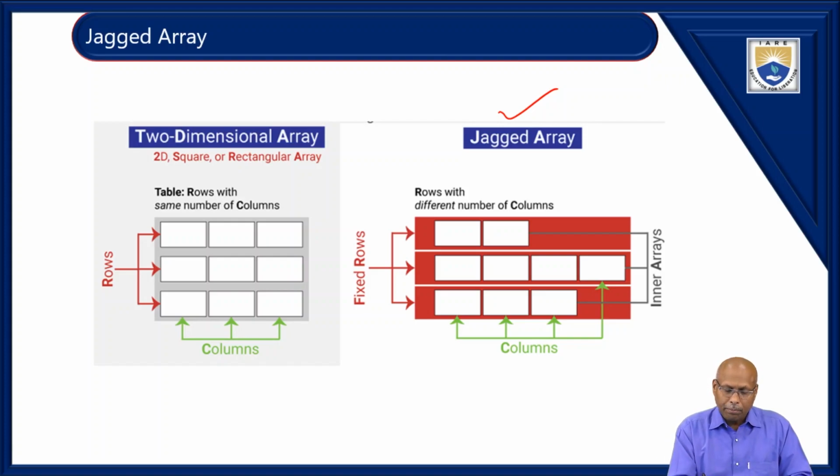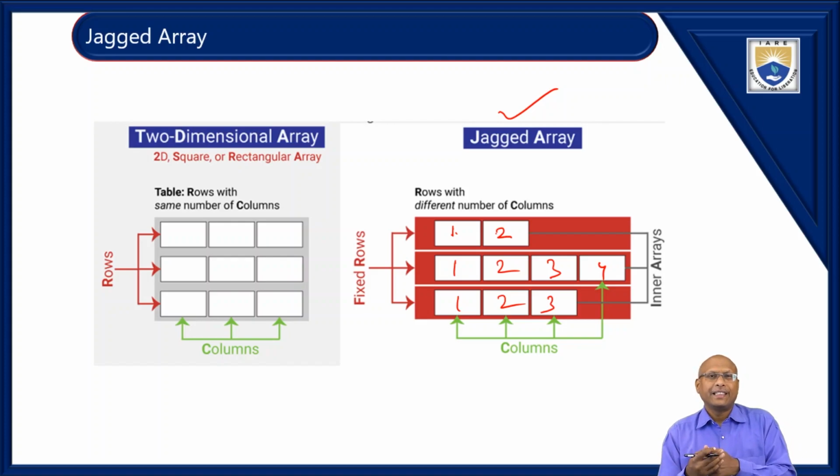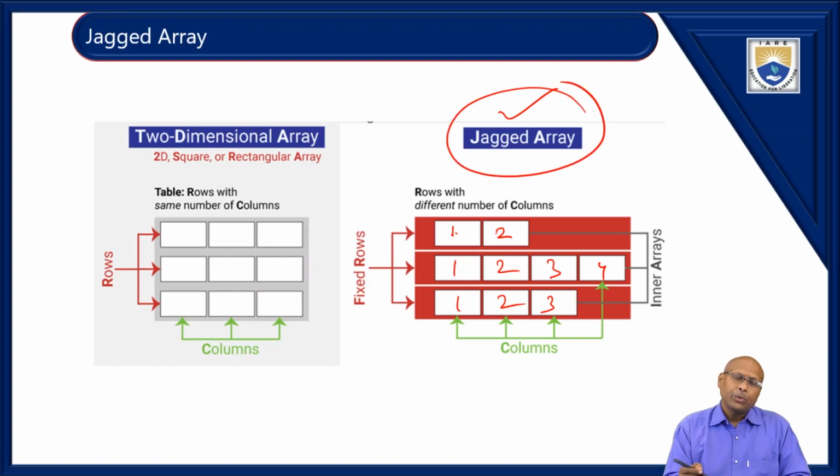In this example, the first row has 2 elements, the second row has 1, 2, 3, 4, which is 4 elements, and the third row has 1, 2, 3. Different rows have different sizes, so the row size is not fixed. Whenever the row size is changing for a 2-dimensional array, then that array is called a jagged array.